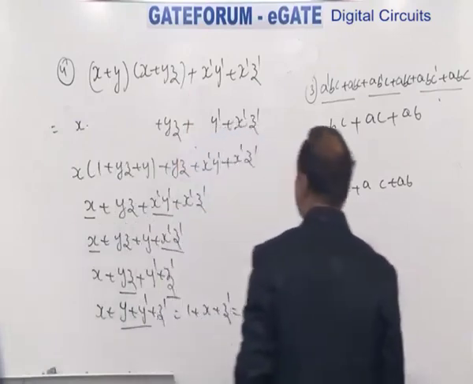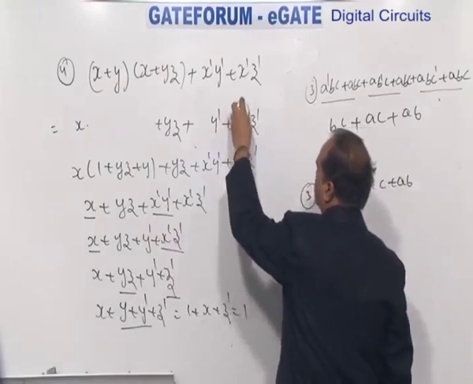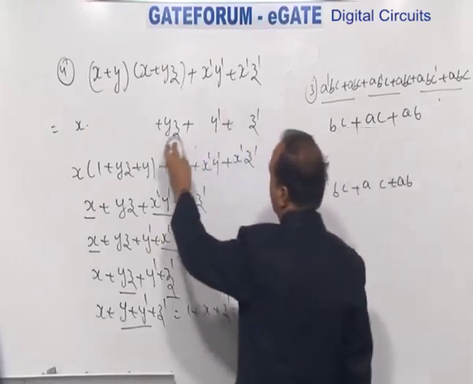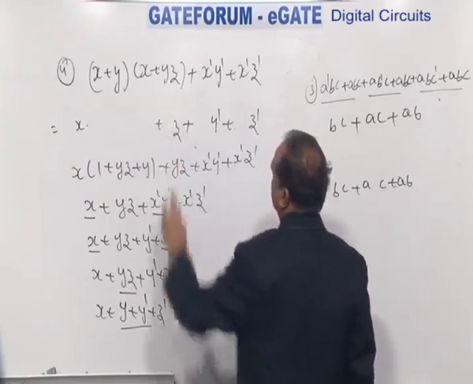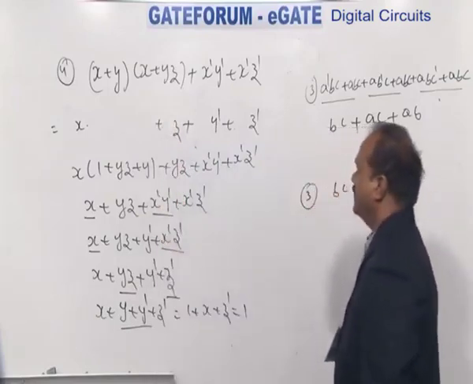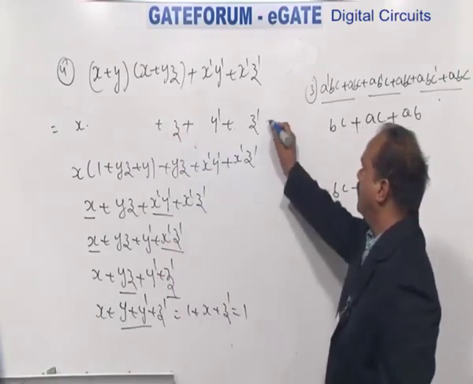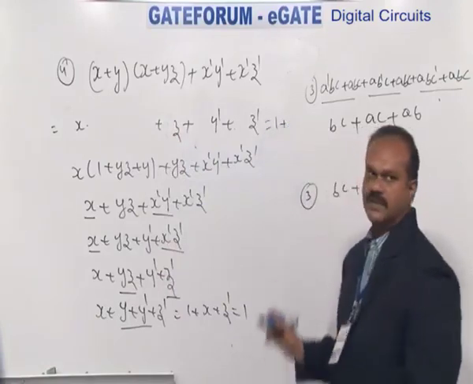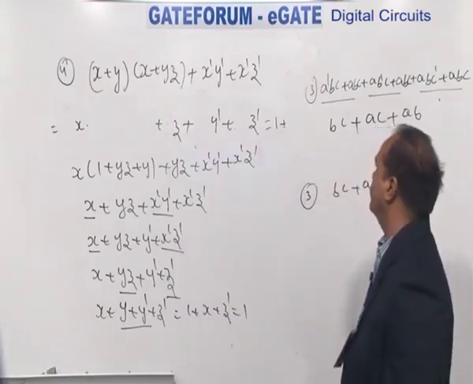And first and last terms, you can eliminate x bar. And second and third terms, y bar plus yz, you can eliminate y. So you see this z plus z bar is 1, so 1 plus something is 1, so you will get 1. The result is 1. So this problem also you can solve in a shortcut method.